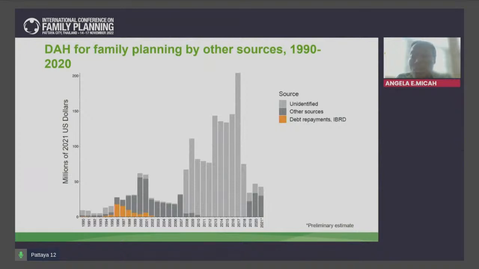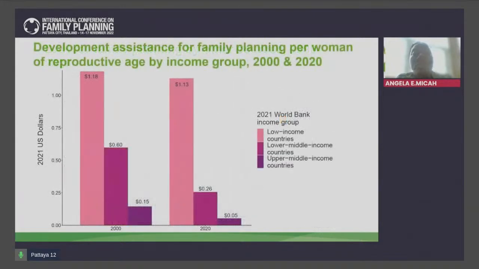In 2021, of the 50 million that originated from this source, the bulk of that came from investment or other foundation sources, other unidentified sources.